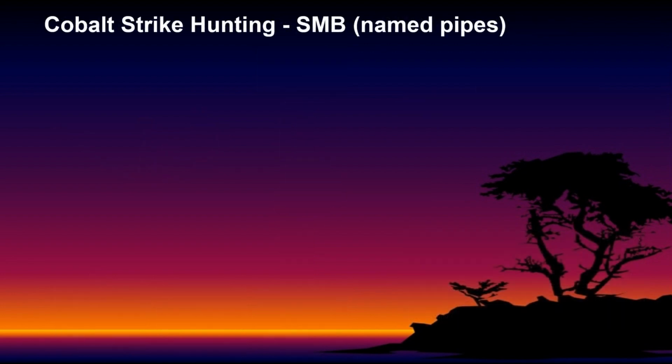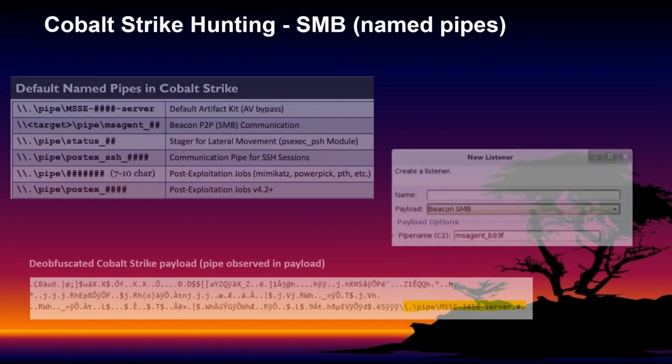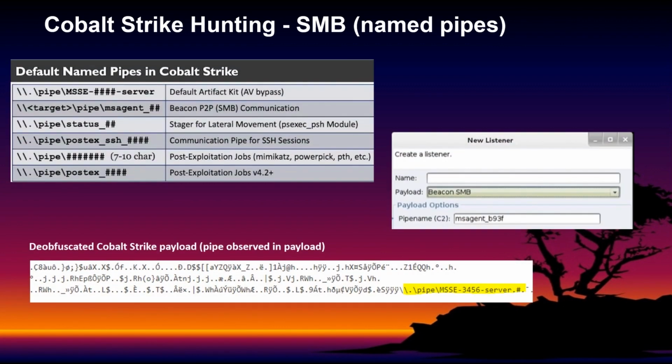So now I would like to show you, again from a blue team perspective, threat hunting and detection, the default Cobalt Strike named pipes here. So you can see that these are the default ones.